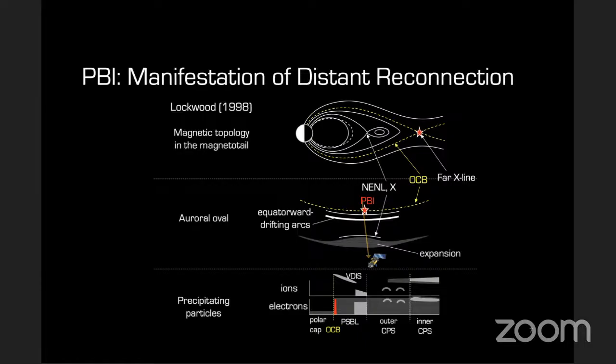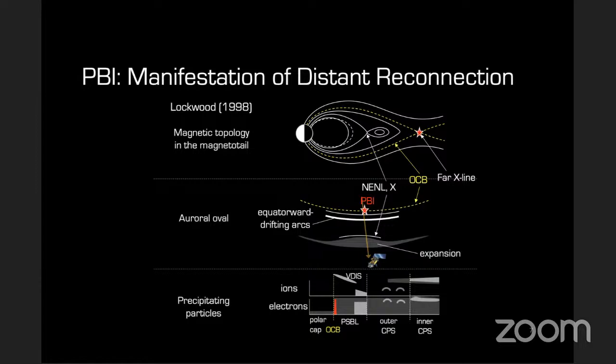So the linkage between PBI and distant reconnection is widely favored, but there are some questions we have to consider more carefully. One of them is the spatial and temporal evolution of PBI.